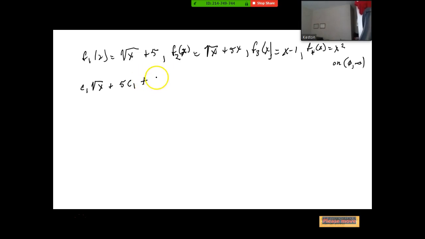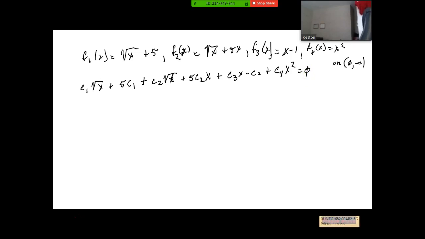C2 times the square root of x plus 5C2x, so I just multiply C2 times both of those, plus C3x minus C3 plus C4 times x squared is equal to 0.